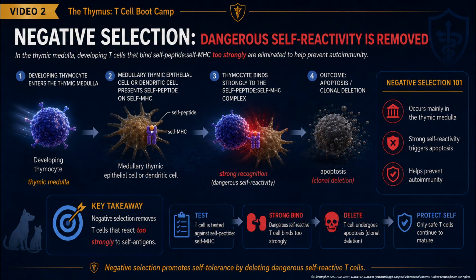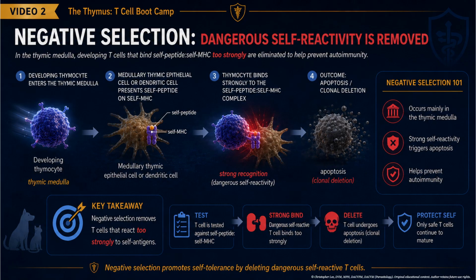If a developing T cell binds too strongly to the self-peptide self-MHC, that is a warning sign. A T cell with strong self-reactivity could leave the thymus and attack the animal's own tissues. So instead of being allowed to mature, that cell is eliminated through cell death or apoptosis. This process is also called clonal deletion.